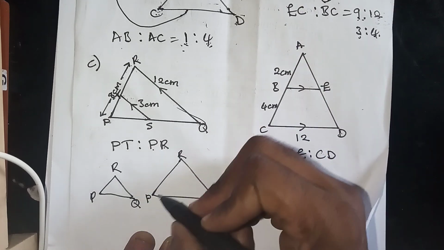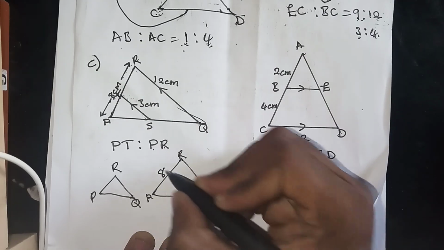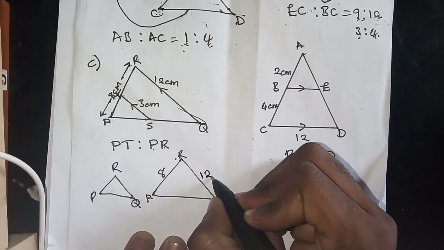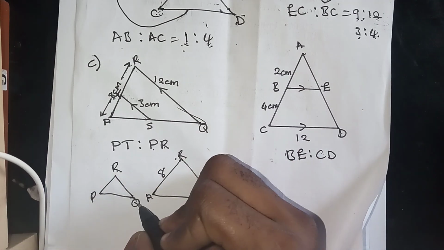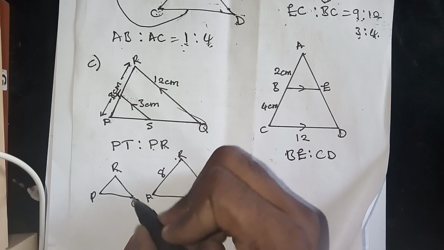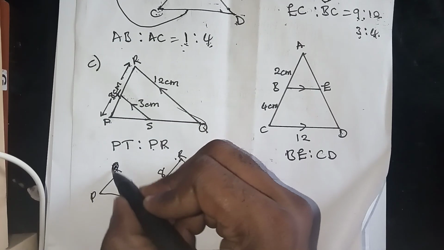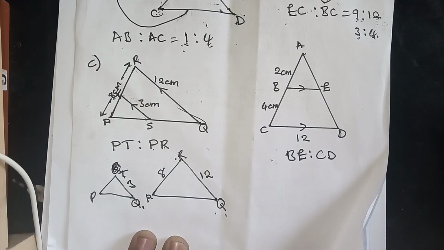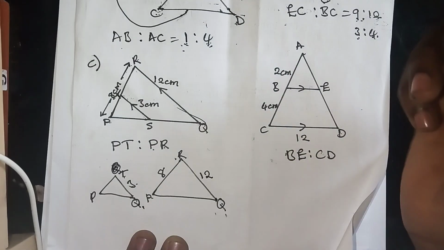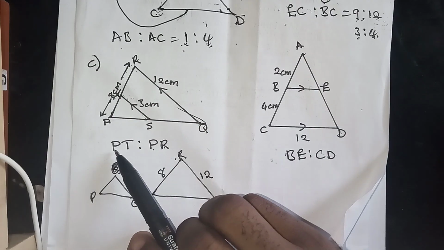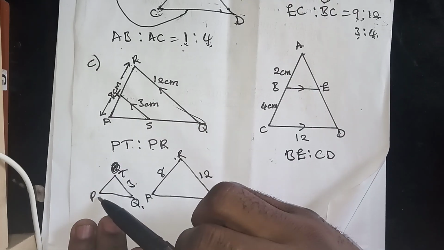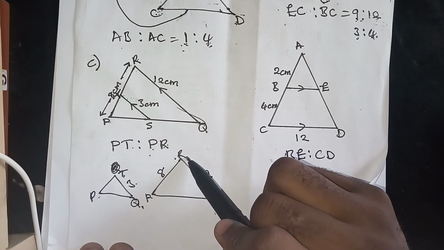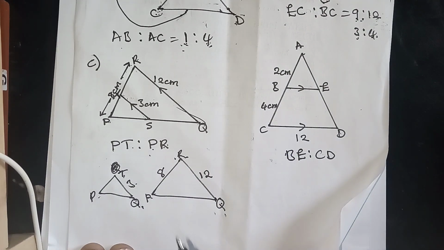So now PR is 8, RQ is 12, and this is supposed to be T actually. TQ is 3 centimeters, this one there. So now to find the ratio of PT to PR, remember the ratios are always the same.